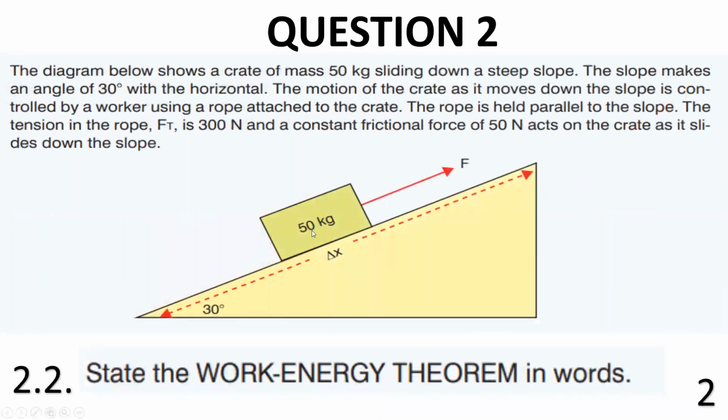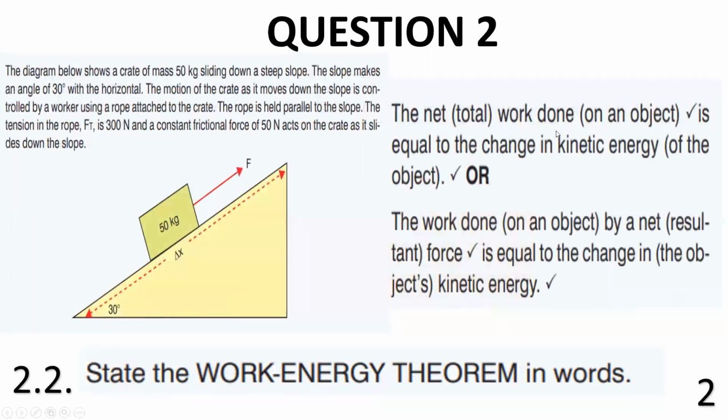Let's continue with the next question, 2.2. They ask you for the work energy theorem. The work energy theorem is: the net work done on an object is equal to the change in kinetic energy of the object, or the work done by the net force is equal to the change in kinetic energy.